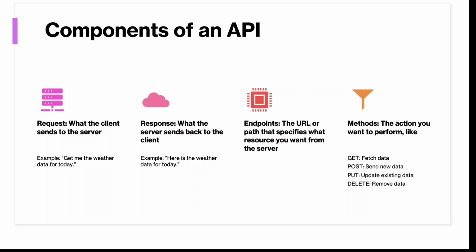Here the client communicates with the server, and what the server sends back to the client is the response, which the client receives and sees. So that is called the response.